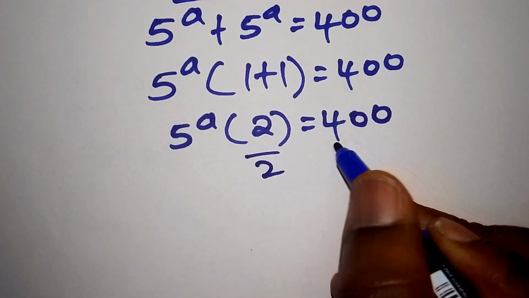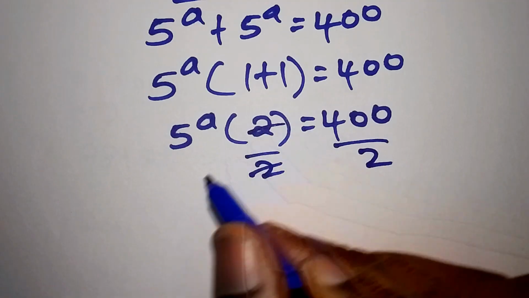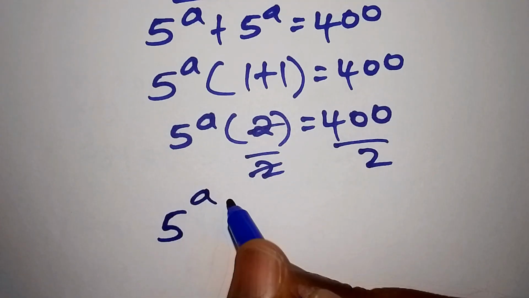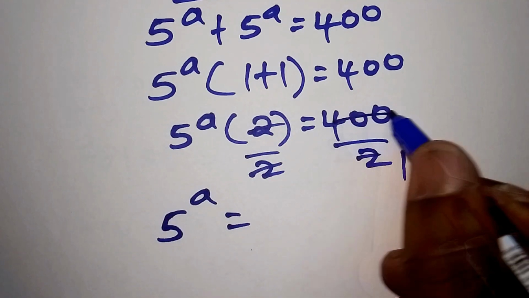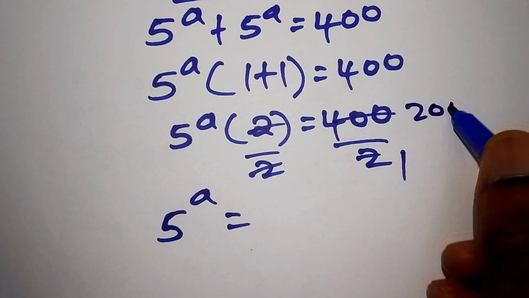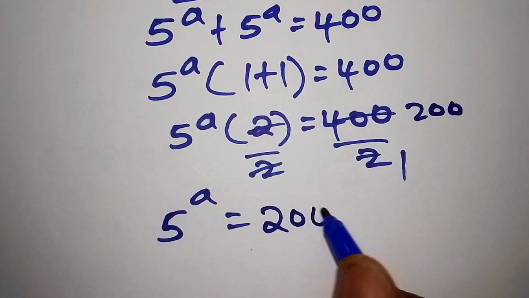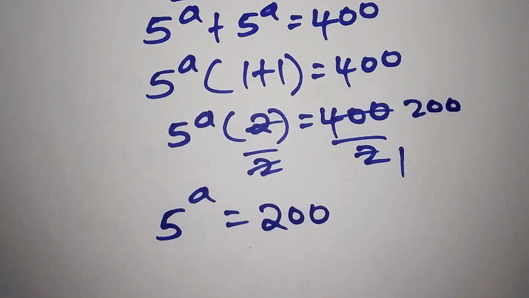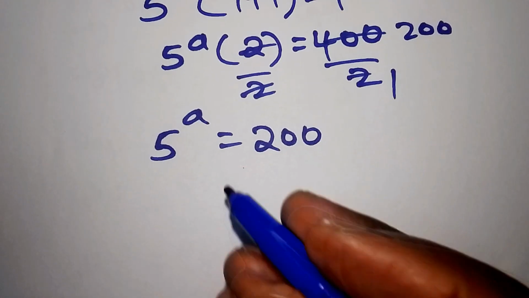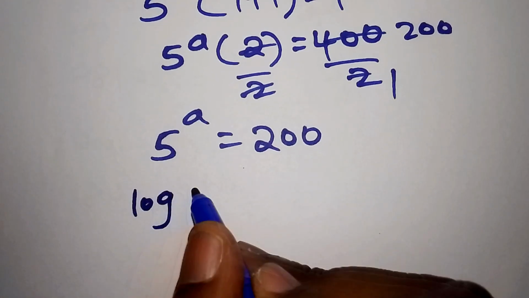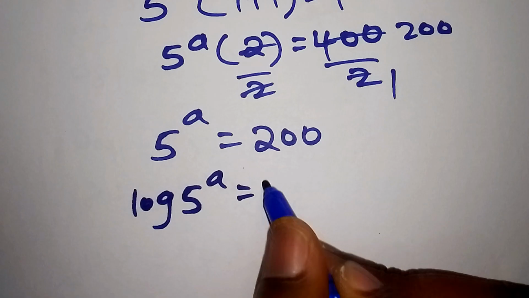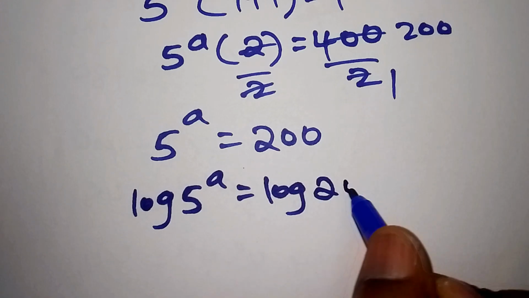The next part is to divide both sides by 2. Divide by 2, divide by 2, so the 2 by 2 cancel. Now 5 to the power of a is equal to 400 divided by 2, which is 200. We now introduce the log on both sides: the log of 5 to the power of a is equal to the log of 200.